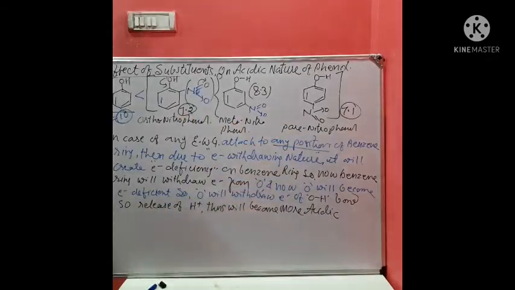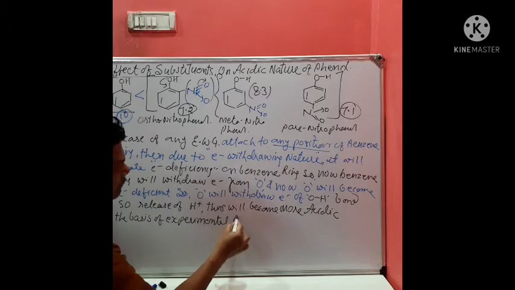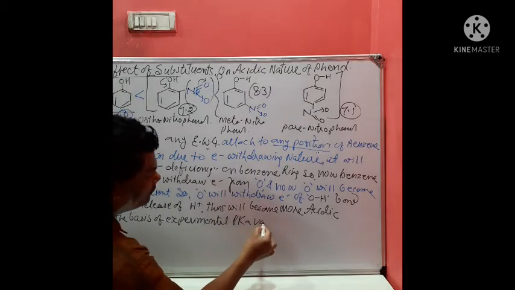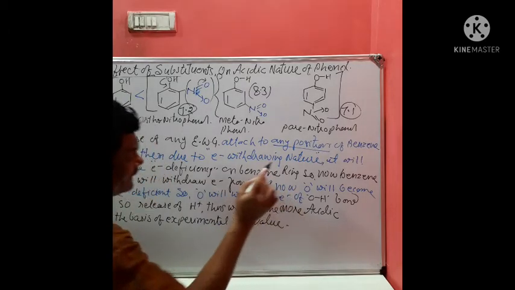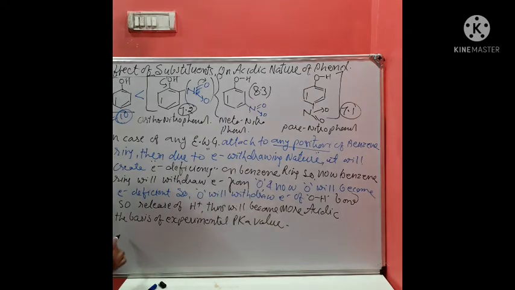So you can check here the least value is for paranitrophenol. On the basis of experimental pKa value, first one 7.1 will be most acidic, then 7.2, then 8.3, and the least one is 10.